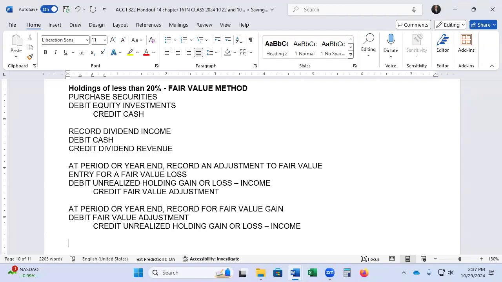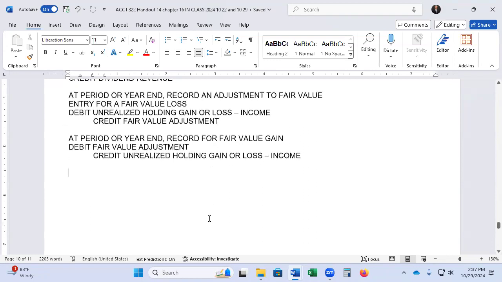So remember, when you're valuing them with fair value, the unrealized holding gain or loss goes through your regular income statement, whereas sometimes the case with bonds, you'll have it go through other comprehensive income. Any questions so far?